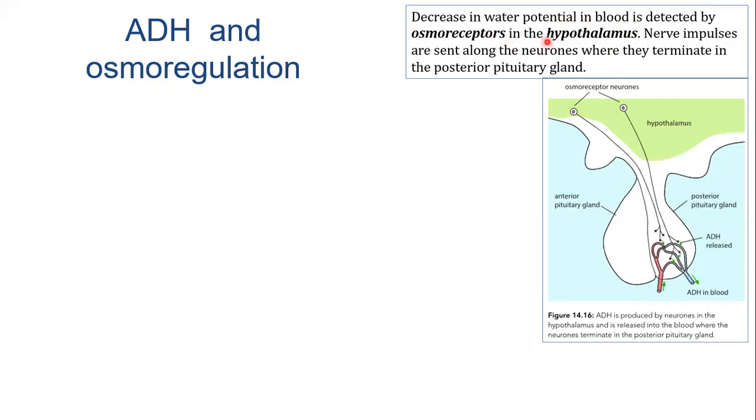So these osmoreceptors will then send nerve impulses along the neurons towards the posterior pituitary gland here. So this is the neuron sending the nerve impulses to the posterior pituitary gland, triggering it to start releasing ADH.